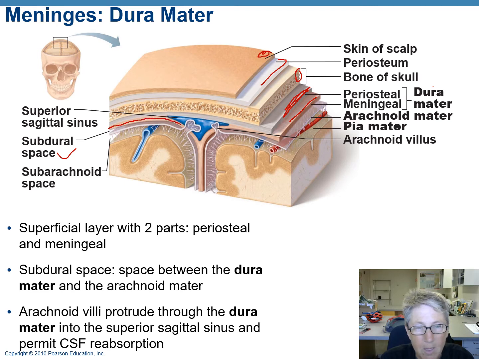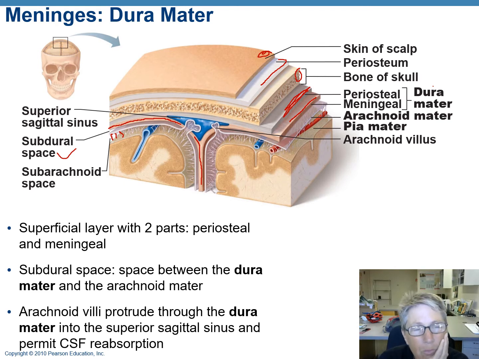So it goes here. This is all meningeal layer of the dura mater. And then just between the dura mater and the arachnoid mater, which is here, because you can see all these spidery legs hanging down from the arachnoid mater, just deep to the dura mater is this space, and it's called the subdural space.